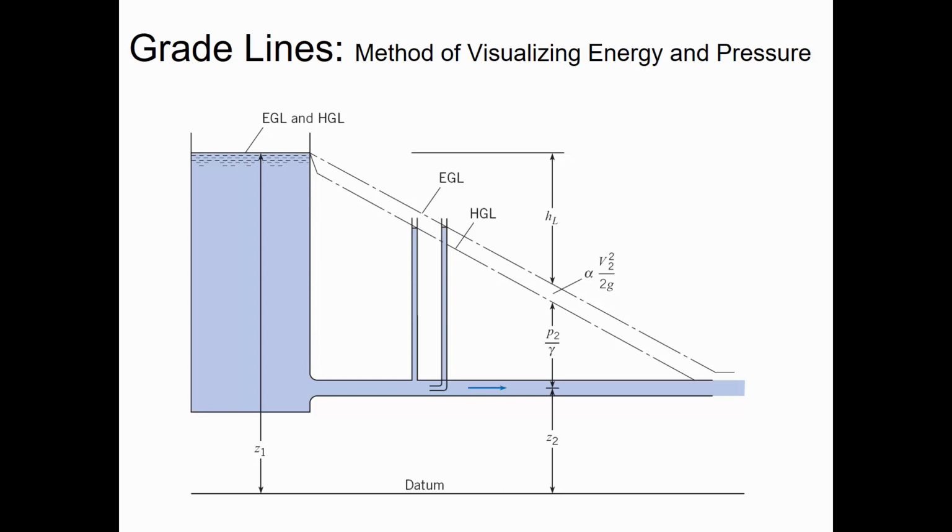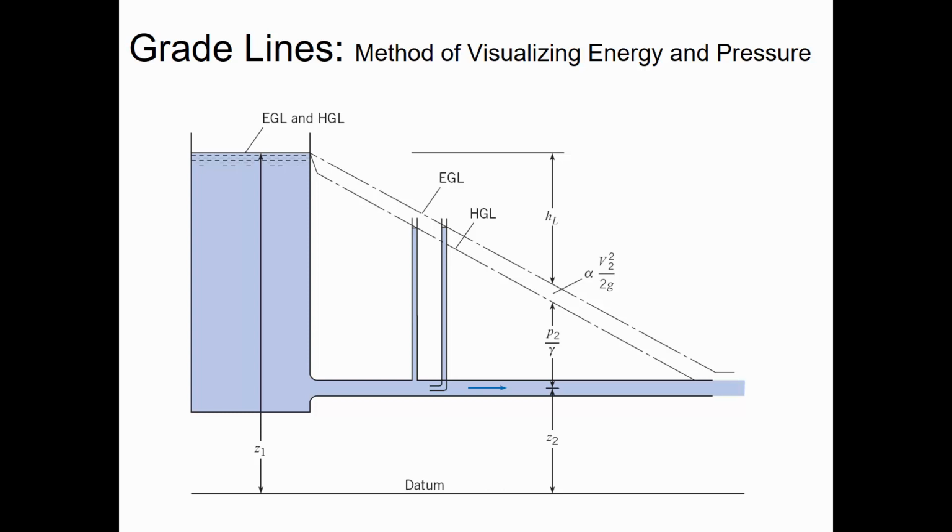So at the top of the tank, in what form is the energy at that surface location? Well, it's not in the form of pressure. It's not in the form of velocity. So all of the energy exists as Z. And so the energy grade line and the hydraulic grade line both have Z, and so the EGL and the HGL are at the water surface inside the tank.